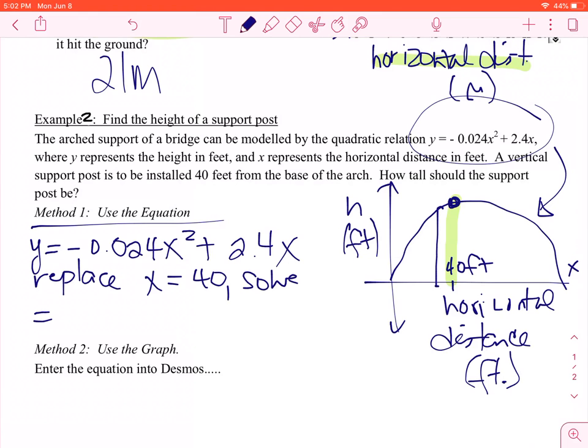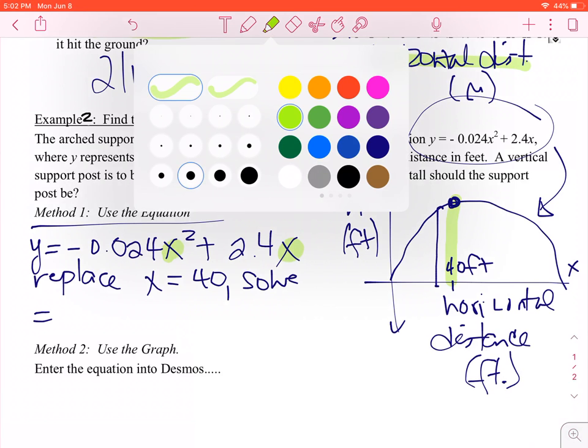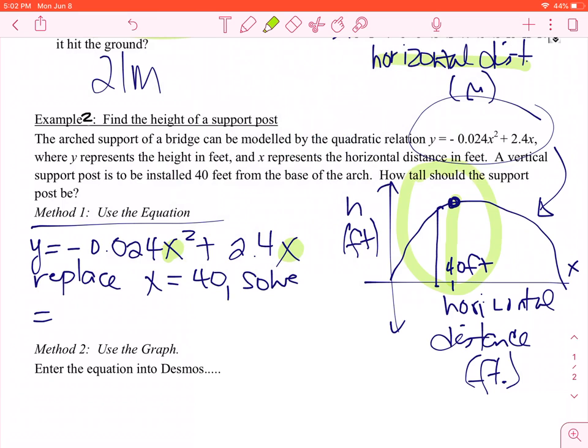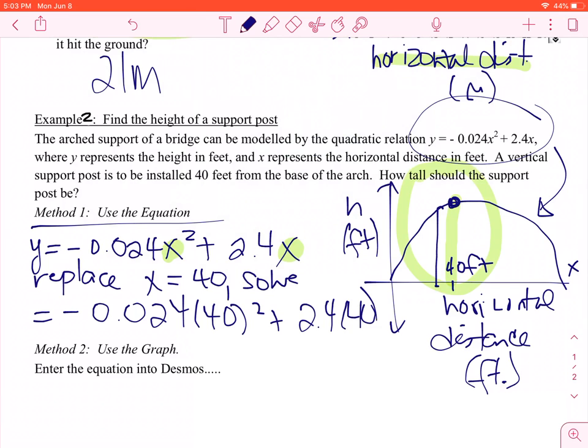Instead of x, I'm going to replace it with 40, and that will tell me how high this vertical post will be. In your calculator, you'll notice in two places I've substituted x with 40, and I need you to calculate that.